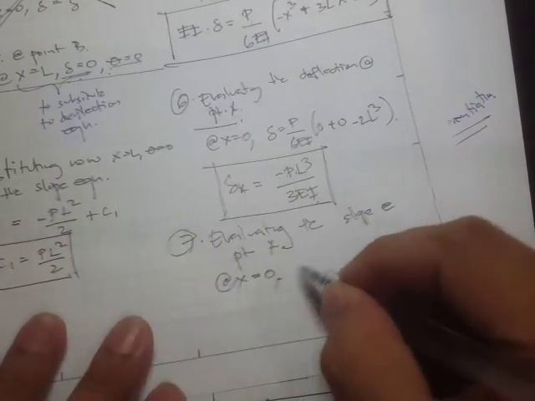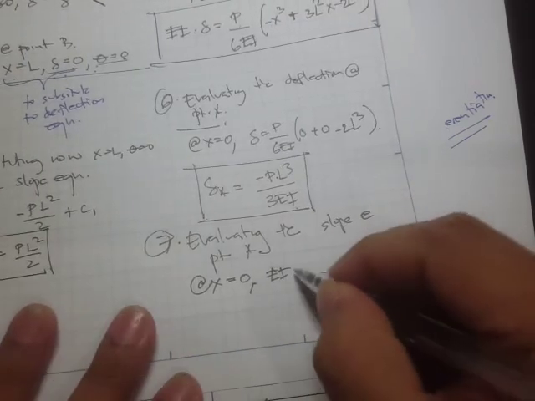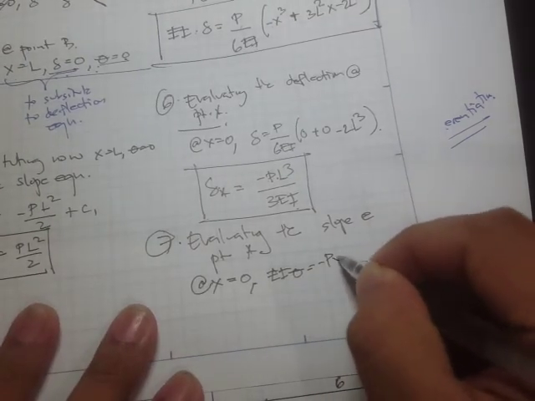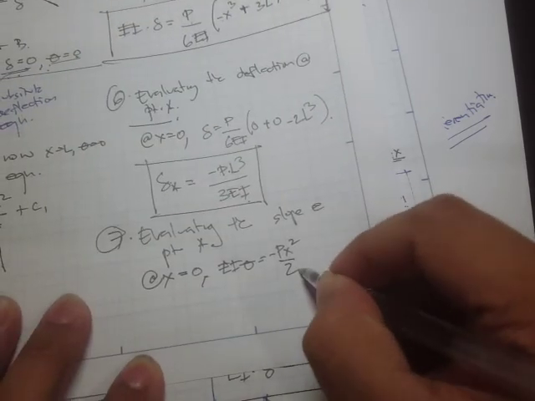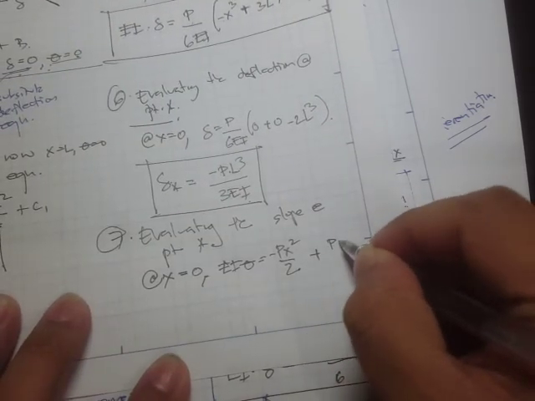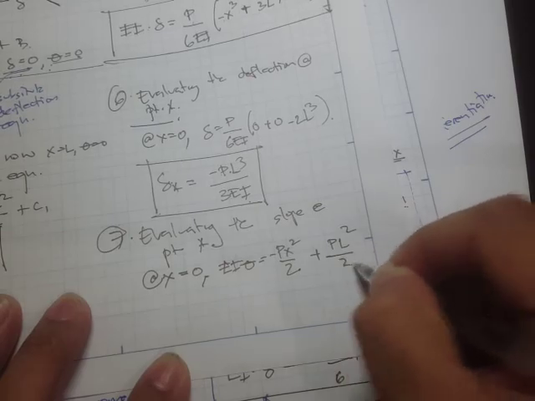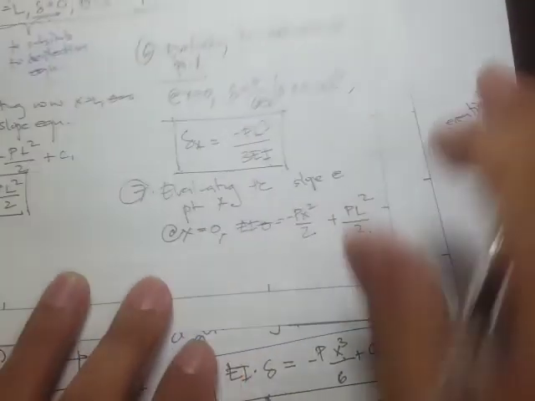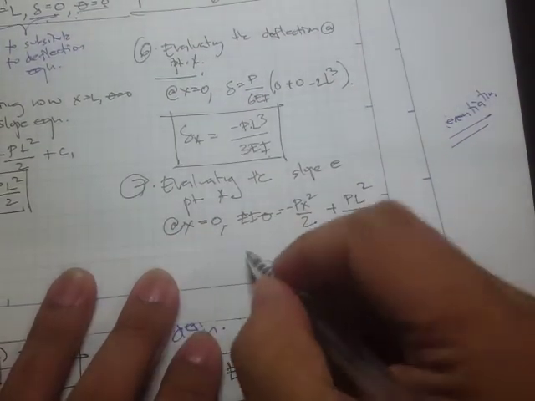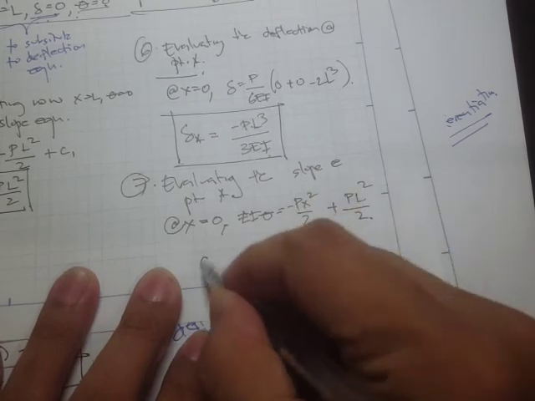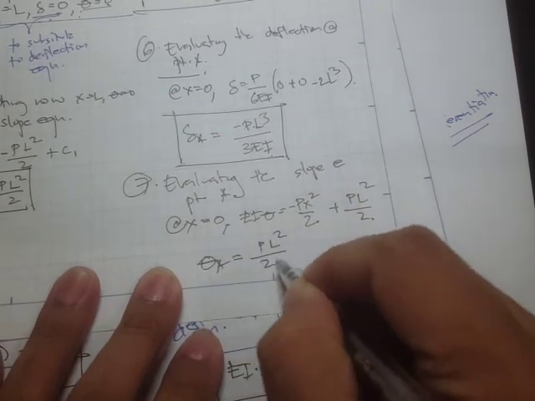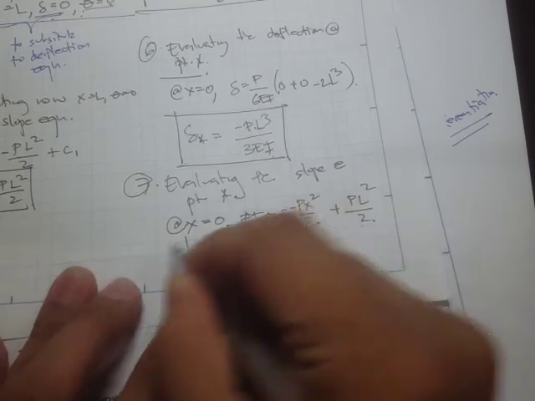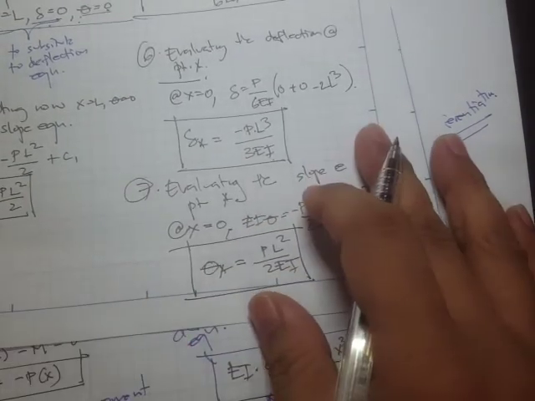So EI theta is equal to negative P x squared all over 2, plus the value of C1, P L squared all over 2. If you evaluate that at x equal to 0, then what you get is theta A is equal to P L squared all over 2EI. So that's the solution.